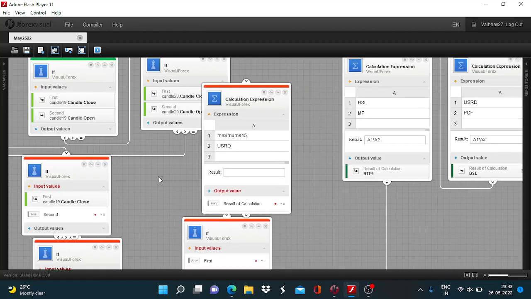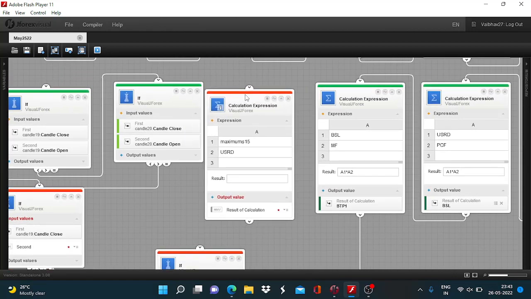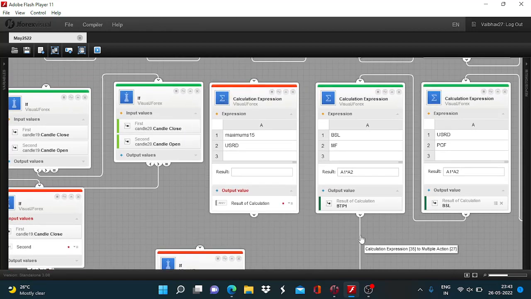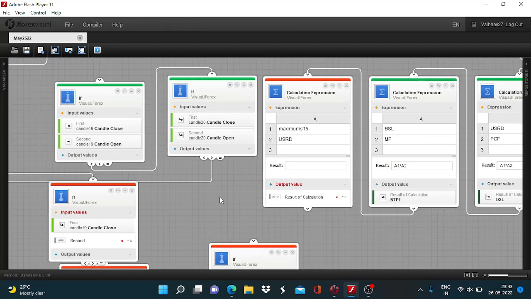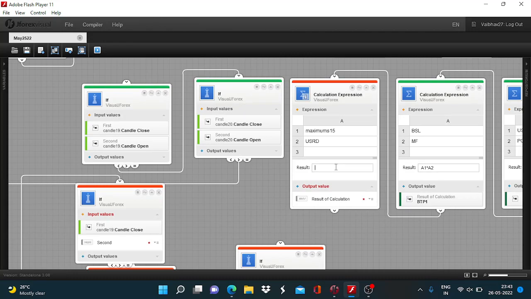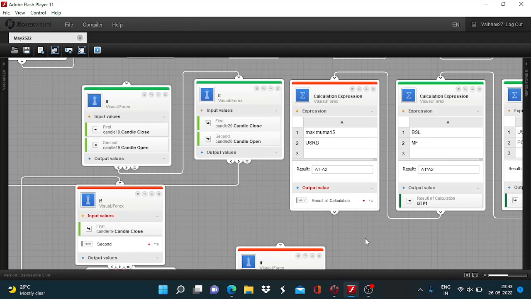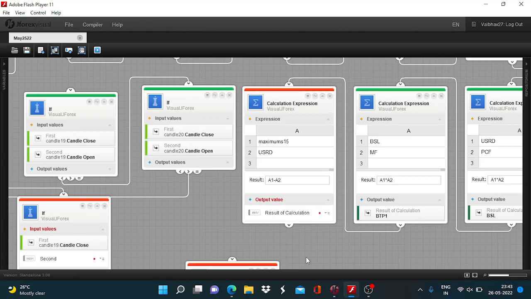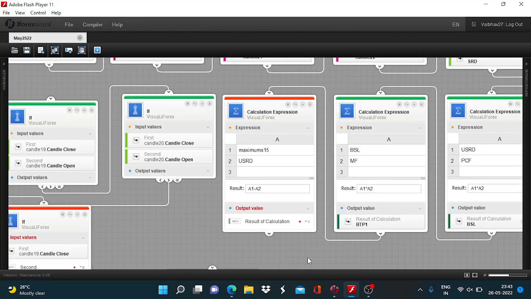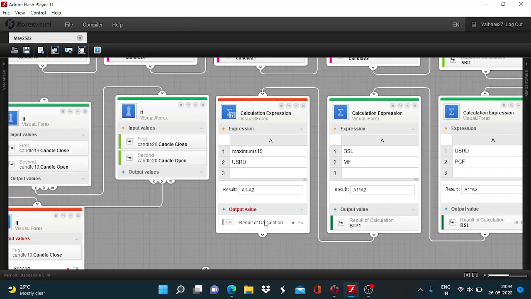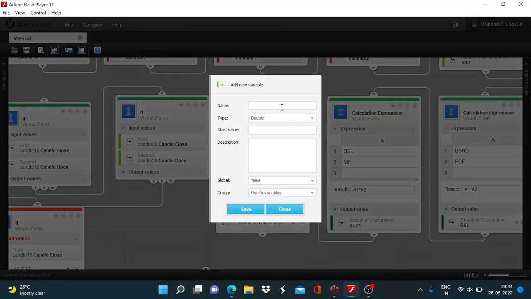The calculation is going to be a1 minus a2, and the result is going to be sell lower limit.